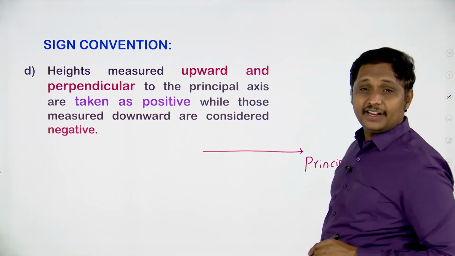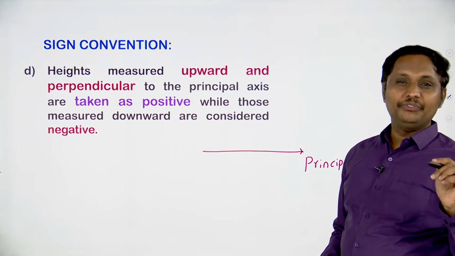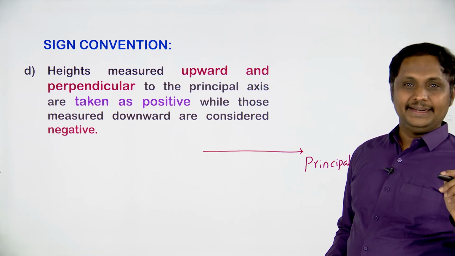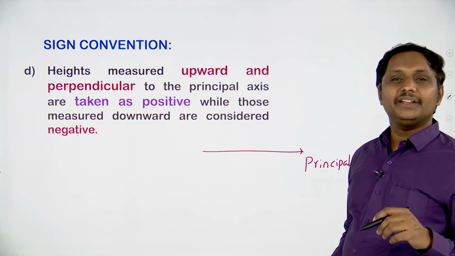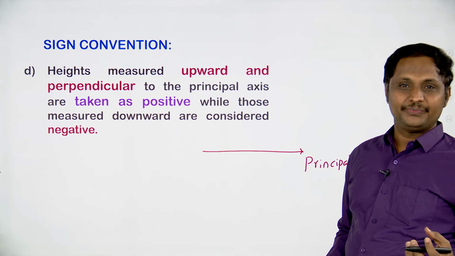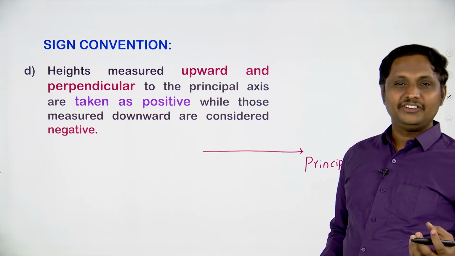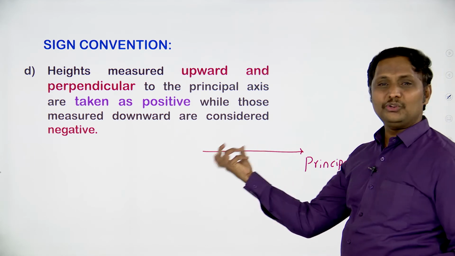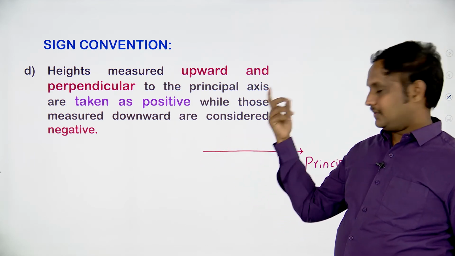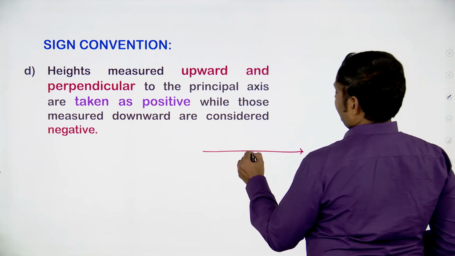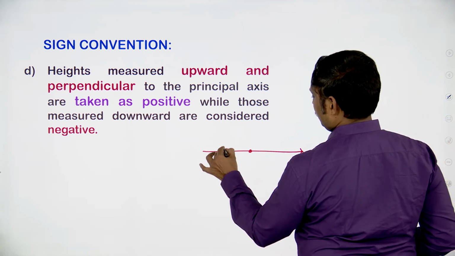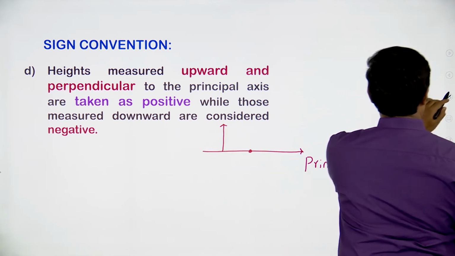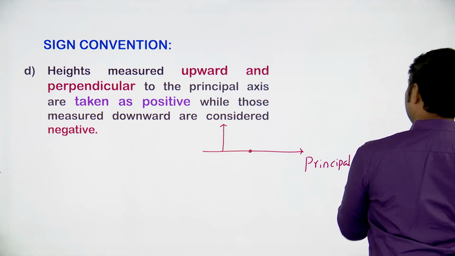Especially we get the height of the object and the height of the image as per the dimensions. The height is going to be more as compared to the width, as it's going to be thin. We measure above the principal axis.